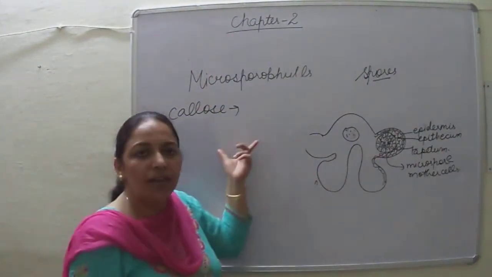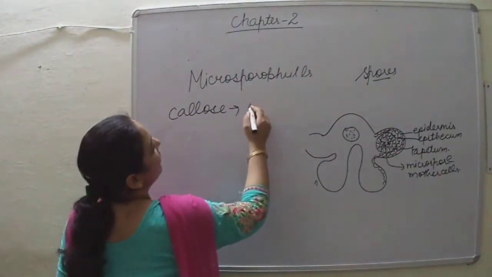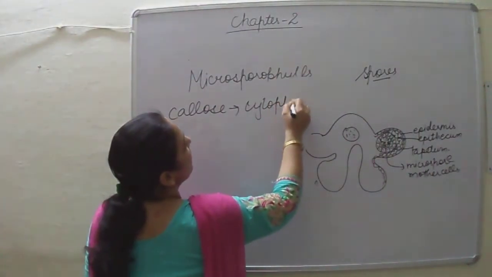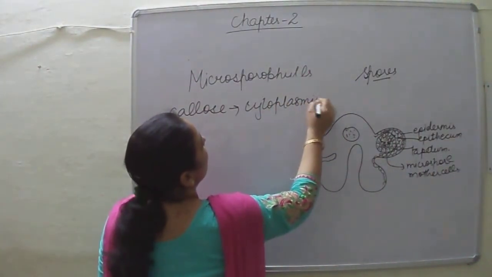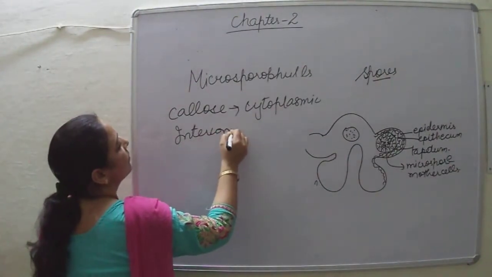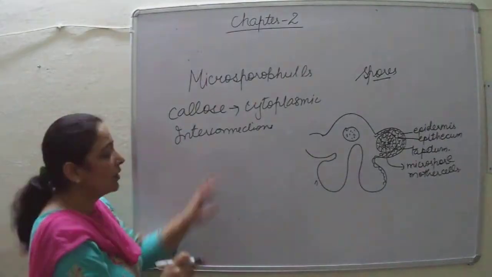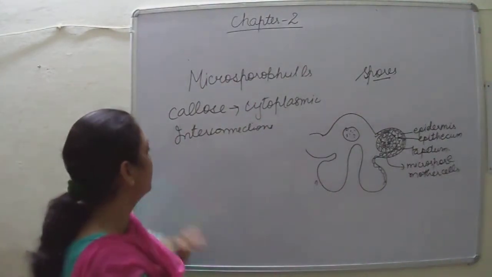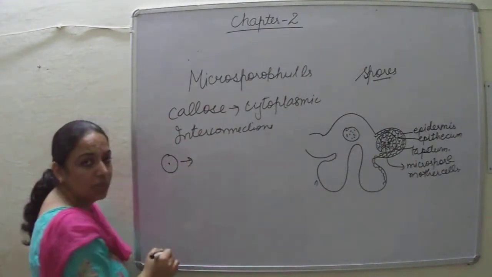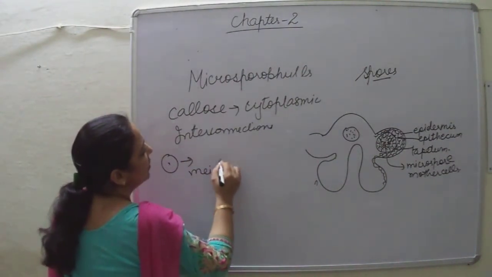This callose breaks the cytoplasmic interconnections with each other. When the cytoplasmic interconnections break up, each cell divides by the process of meiosis into a tetrad.